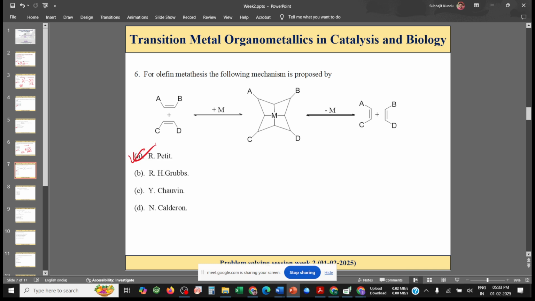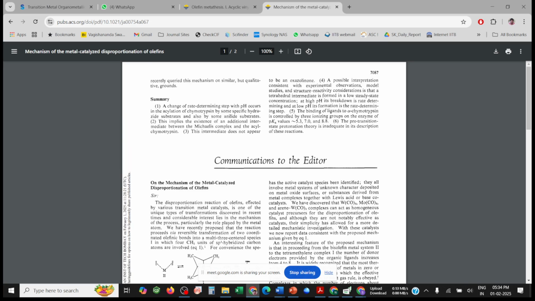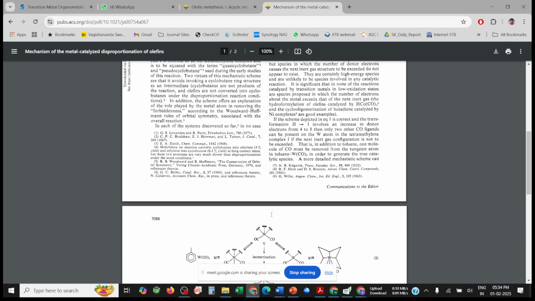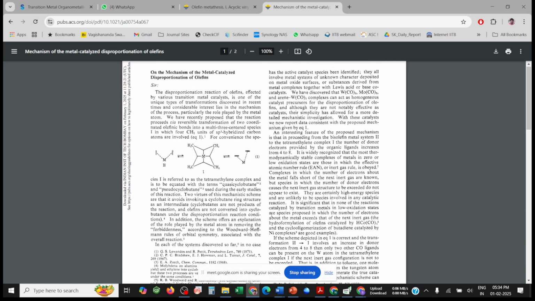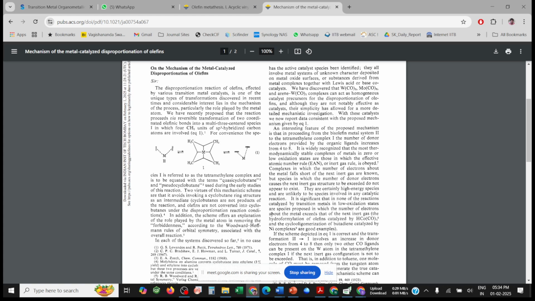So as I showed that paper, now I have also downloaded the paper for this Petit, and this is the paper, which is also a communication paper.